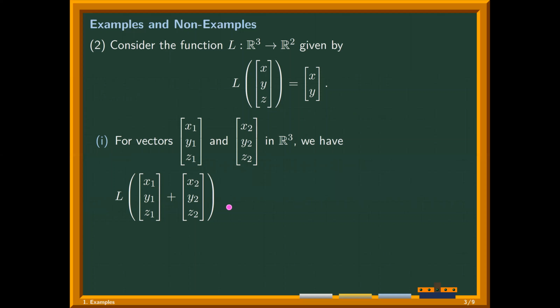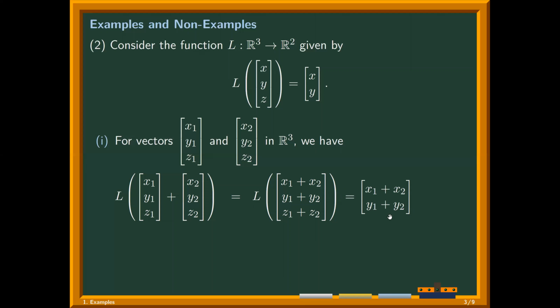L of the sum is equal to L of the vector whose components are x1 plus x2, y1 plus y2, z1 plus z2. The definition of L implies that this is equal to the two vector whose components are x1 plus x2, y1 plus y2.